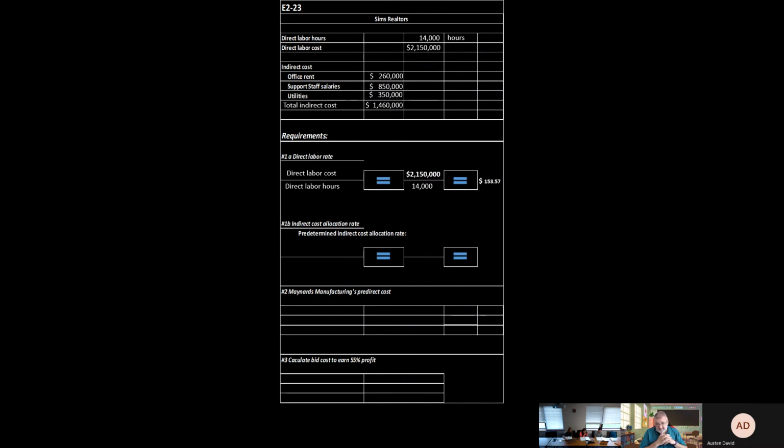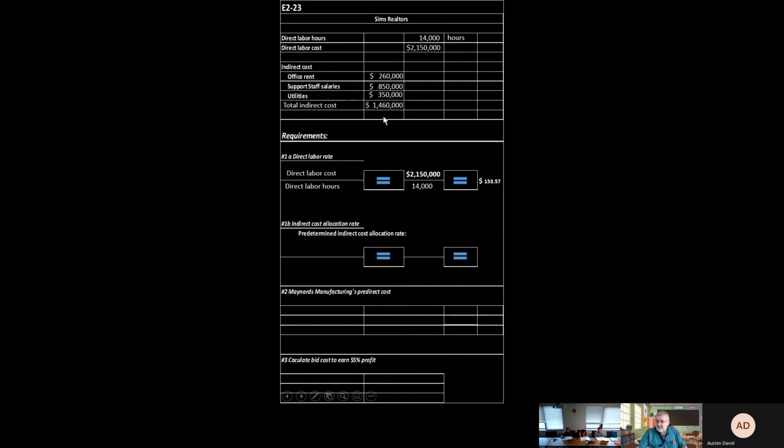If it's not support staff, then it has to be the direct labor. The direct labor, and remember, it's specifically the direct labor cost, not the direct labor hours, okay? Because it could have said divided by the direct labor hours. But in this case, this company's decided to do it by direct labor cost.